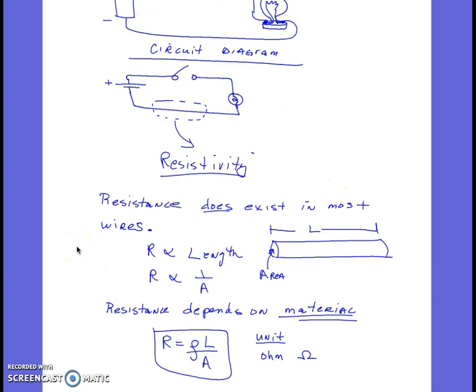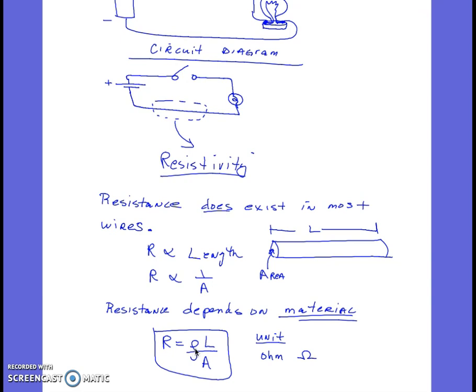So the equation that relates these three items, the length, the cross-sectional area, and the material, looks like this. R is our symbol for resistance. This symbol rho is called the resistivity, and this is a constant that is determined by the kind of material the wire is made out of.